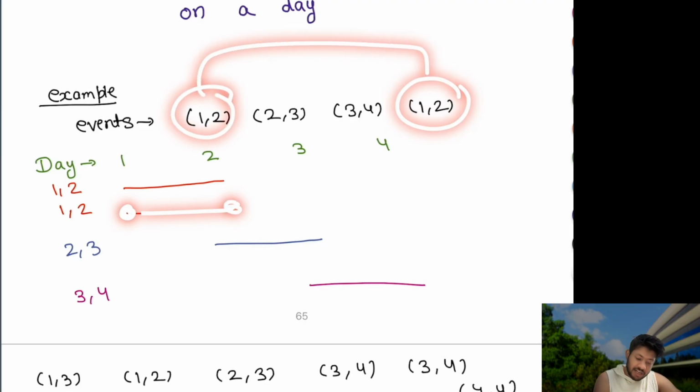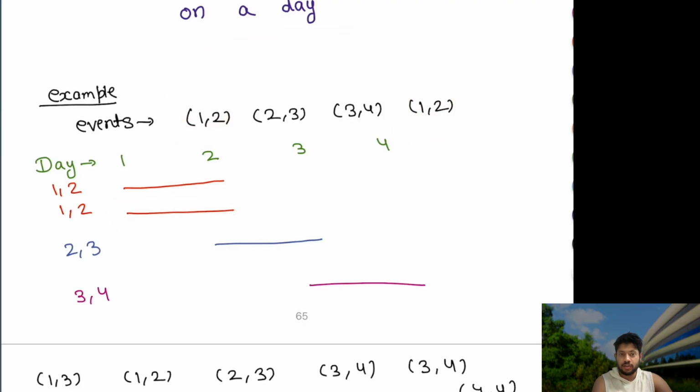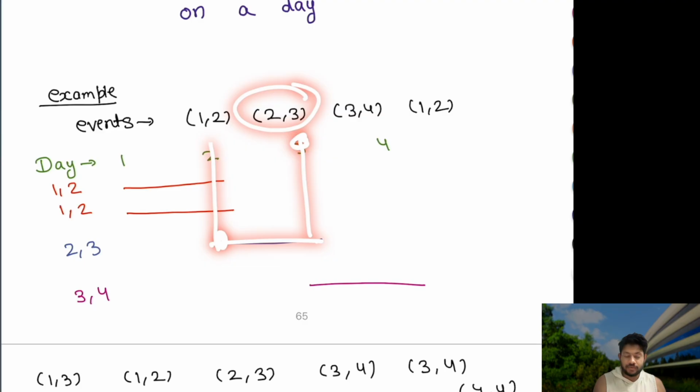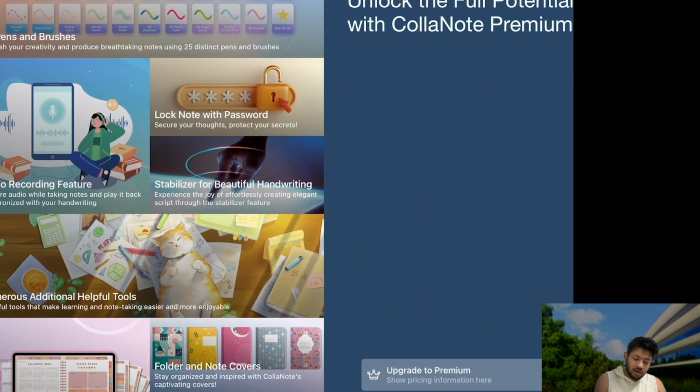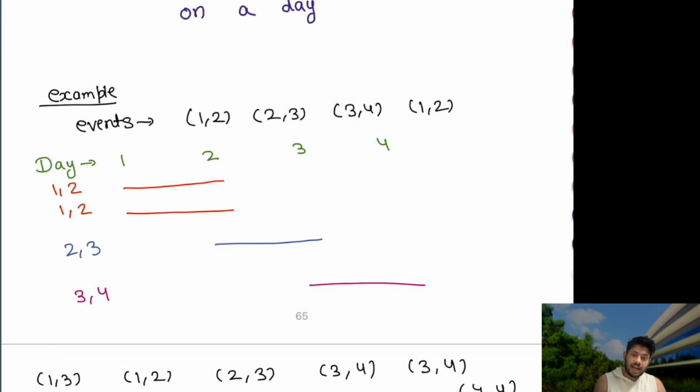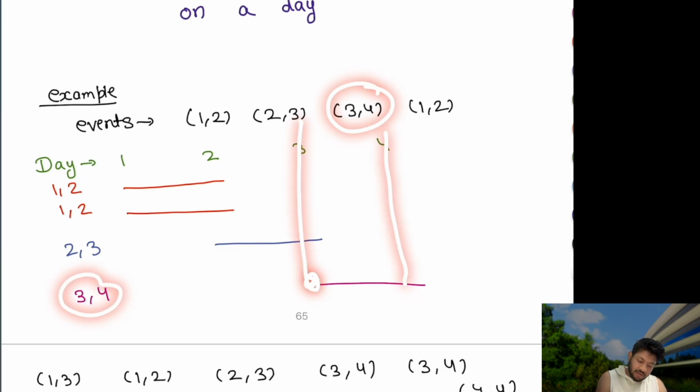Both these events are completely different, although they are happening in the same start to end range. There is another event 2, 3 which is happening from day number 2 to day number 3, that's the range. And there is one more event 3, 4 happening from day number 3 to day number 4.